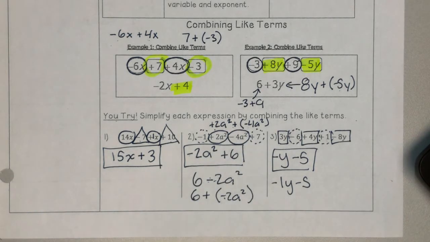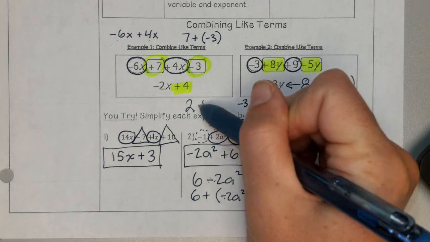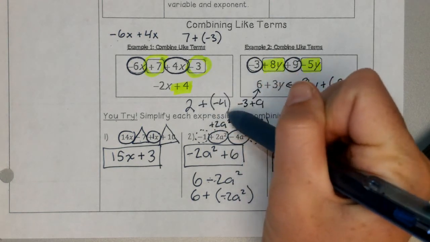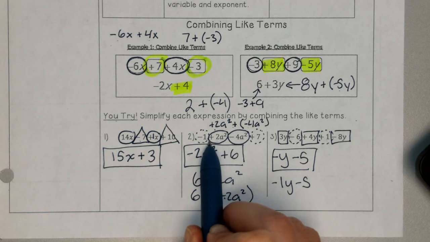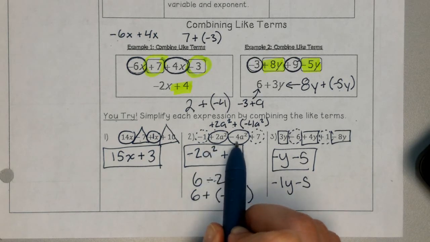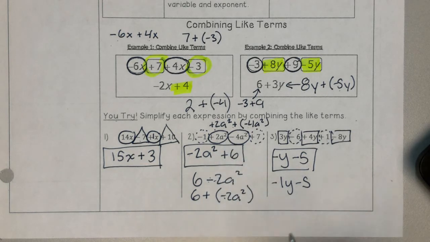Why is it negative? What is 2 plus negative 4? Oh. This is a 2 that's positive and a 4 that's negative. You always look to the left of a number to see if that number is positive or negative.